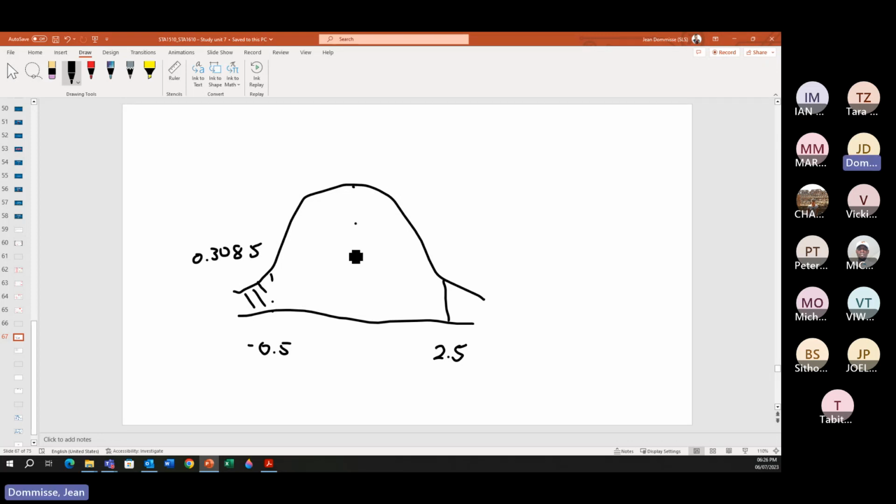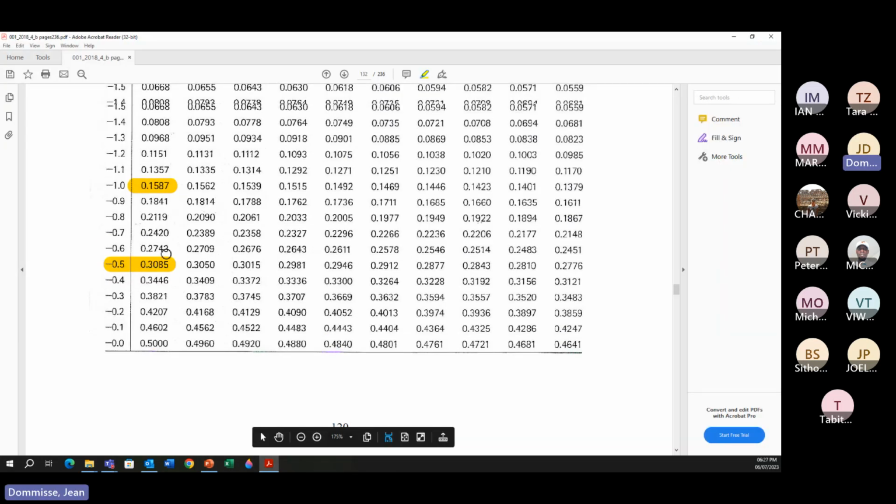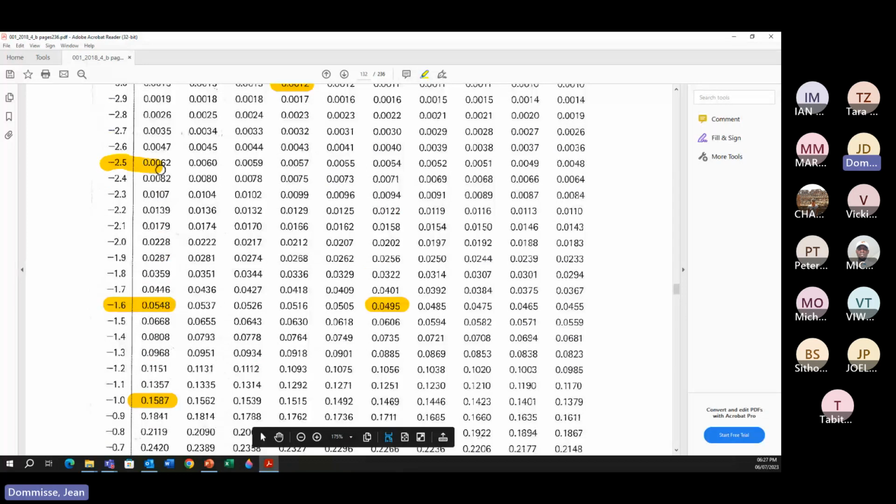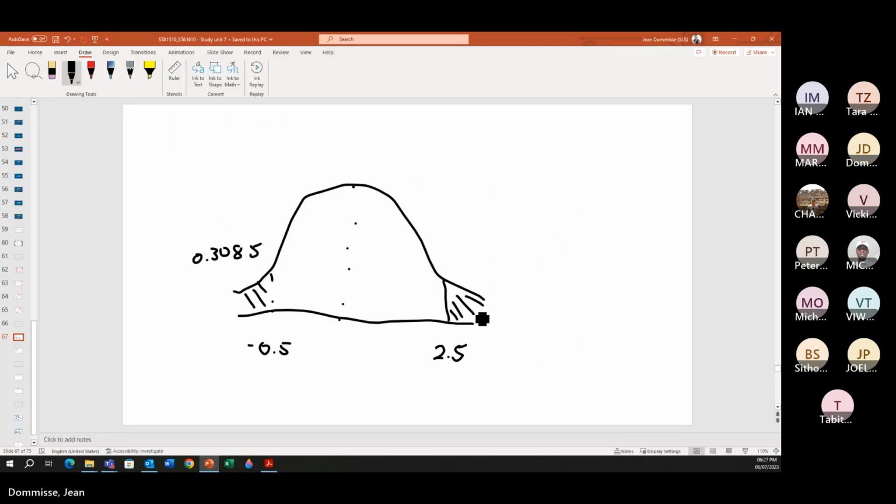Remember, when we look at the Z distribution, symmetry, so I could get this small area with 2.5, I could get that same value at the minus 2.5. So 0.0062.